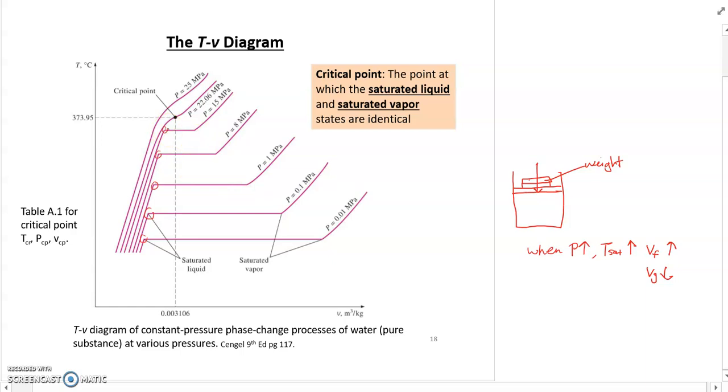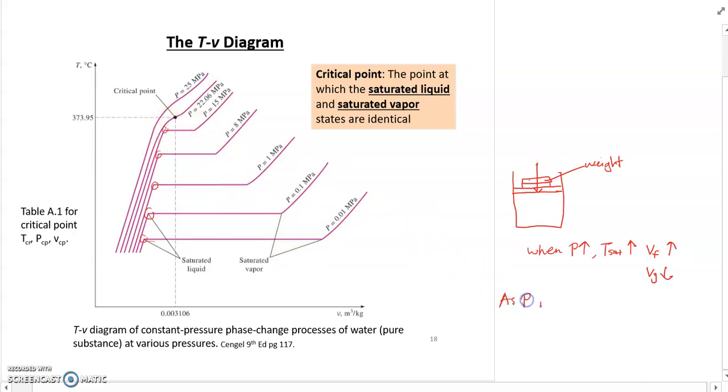Consequently, this horizontal line, which we also call the saturation line, connects the saturated liquid and saturated vapor. All these points are saturated vapor. The saturation line connecting saturated liquid and saturated vapor will become shorter as P increases.